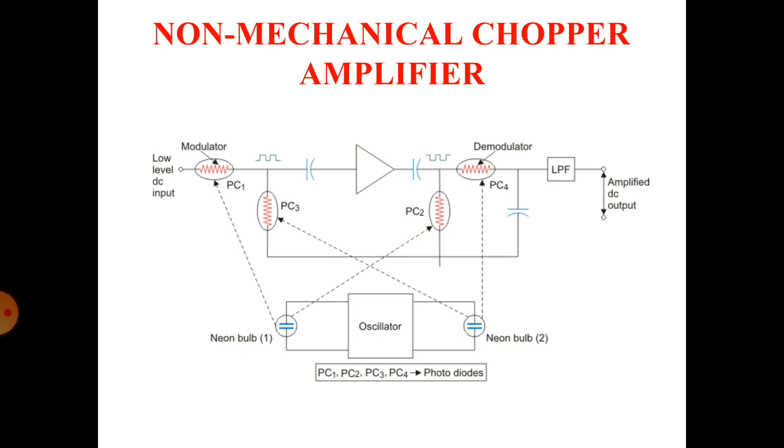Here we are using photodiodes, PC1 and PC2. In the modulator we are using the transmitter side, and in the demodulator we are using the receiver side.